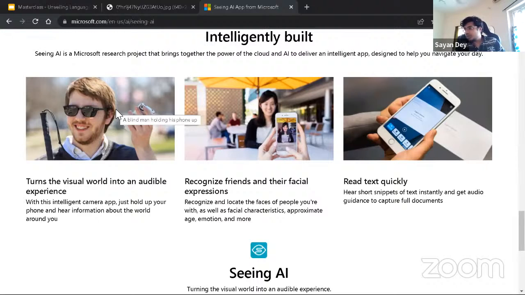So the models that we have right now can automatically recommend captions on the basis of the image. So caption suggestion will be a good use case here.